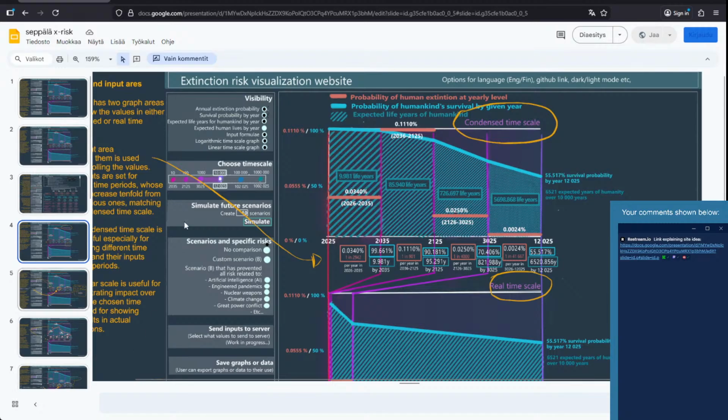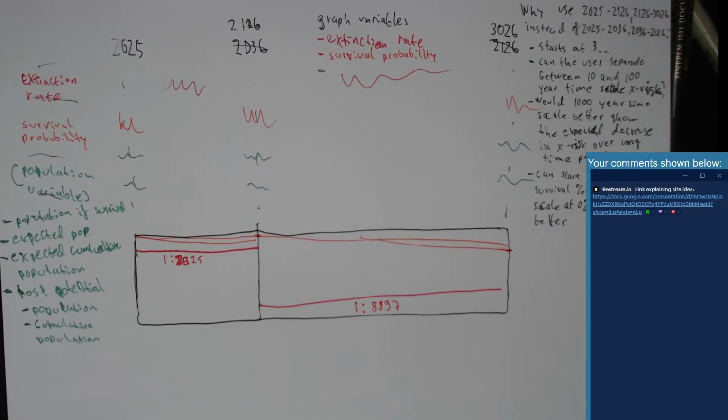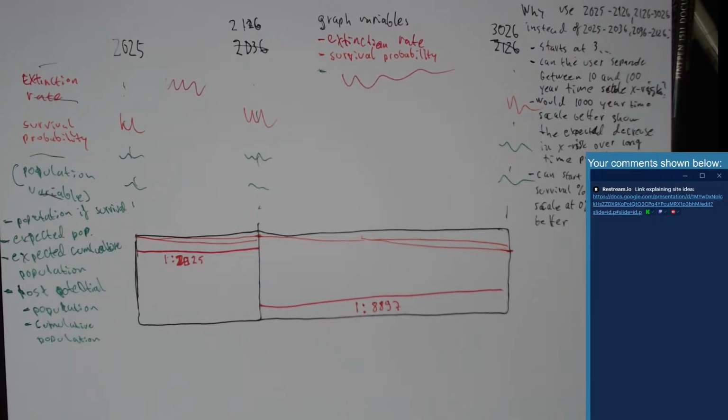The area under the curve will indicate the cumulative sum over time, something like that.